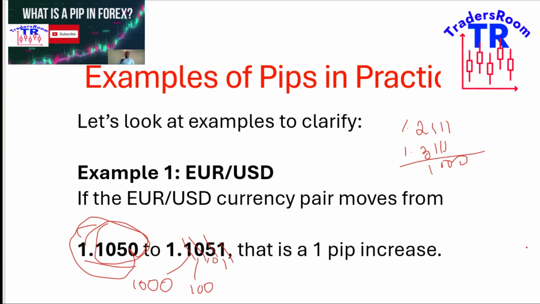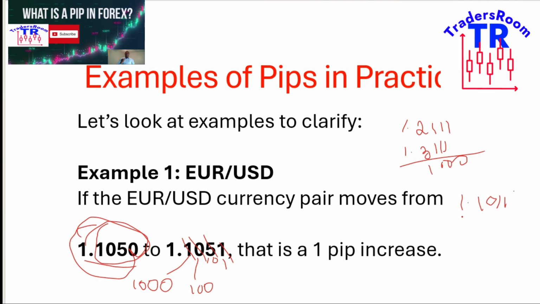But look at these. The pips do not only increase, the pips can equally decrease. Look at this number. Maybe you have 1.1011.